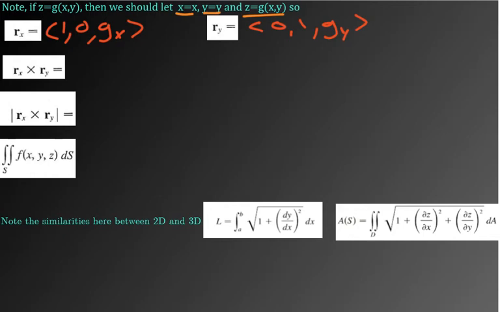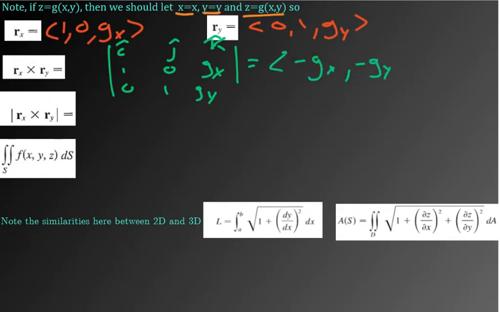And literally, if you just do the cross product, i, j, k, and then you put 1, 0, g with respect to x, 0, 1, g with respect to y, and you just do that cross product out, you're going to get negative g with respect to x, negative g with respect to y, and 1.